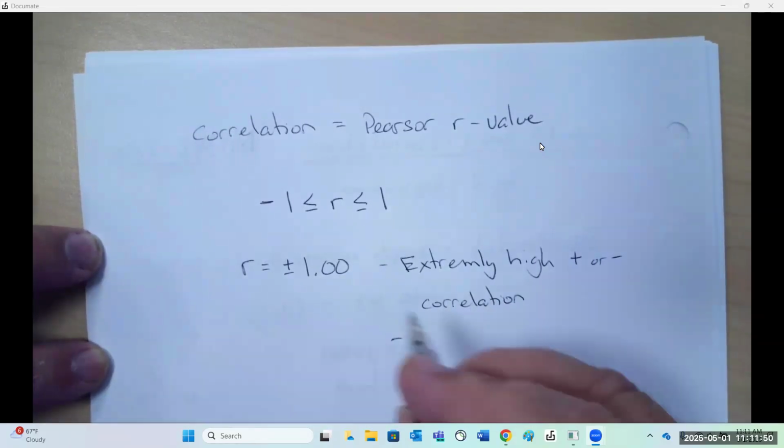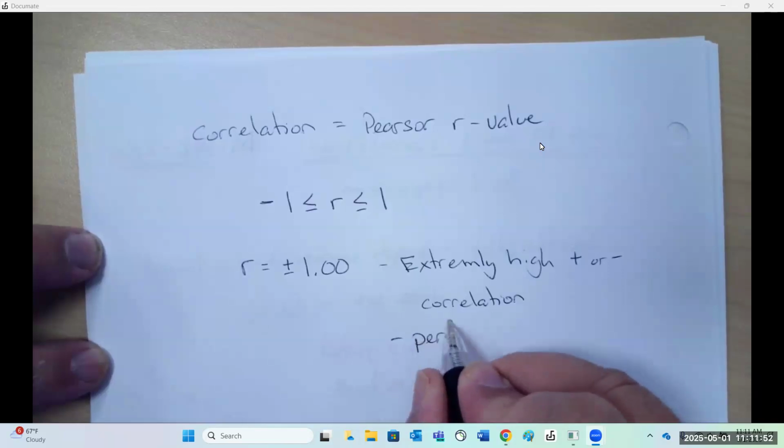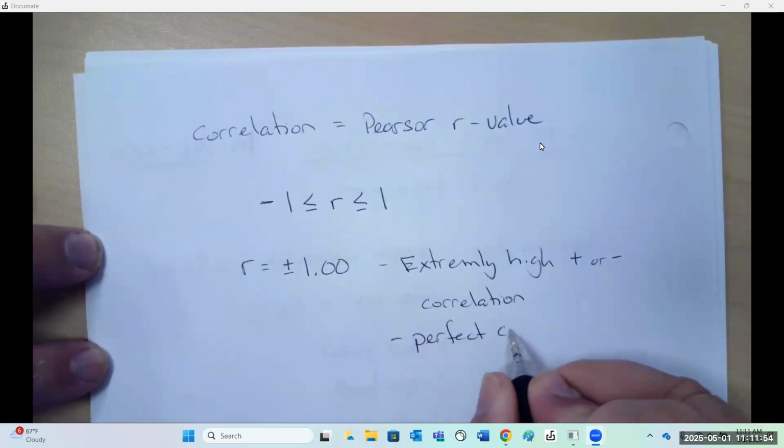Or we can say, as they're saying, it's a perfect correlation.